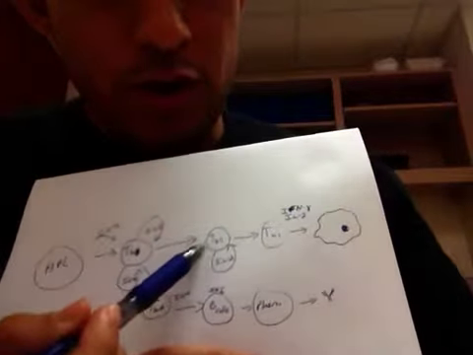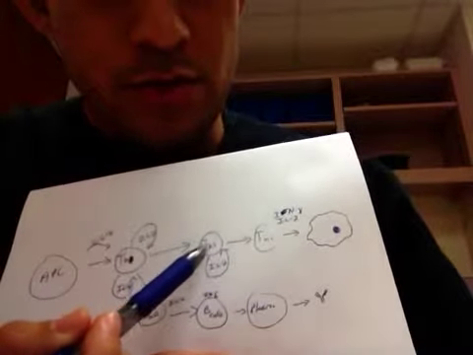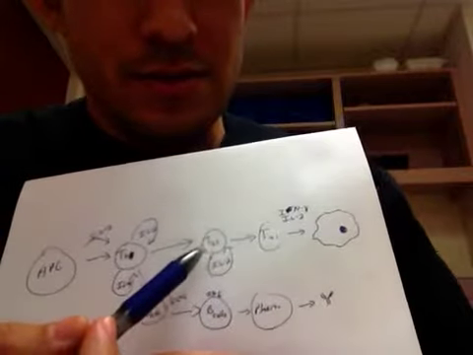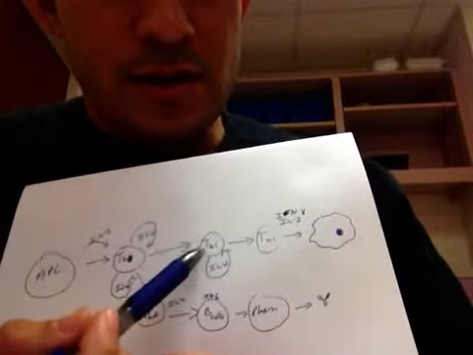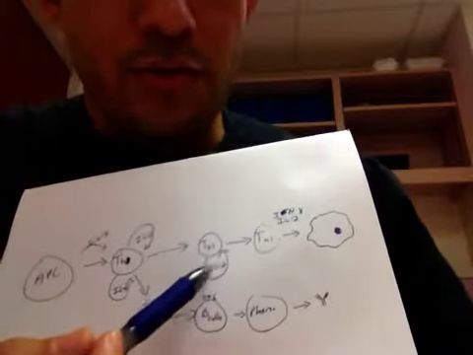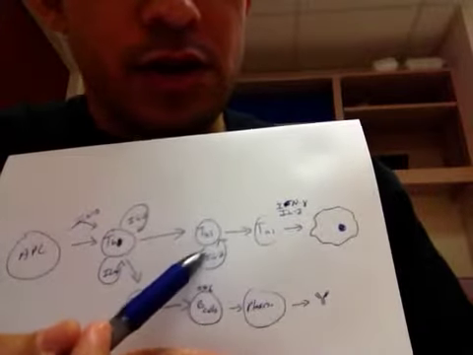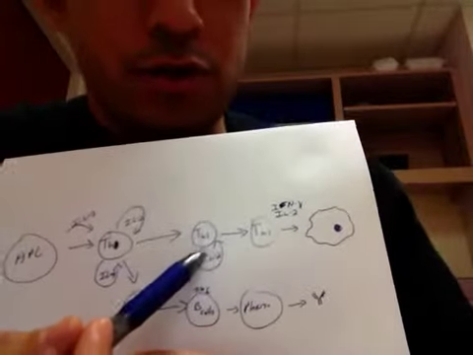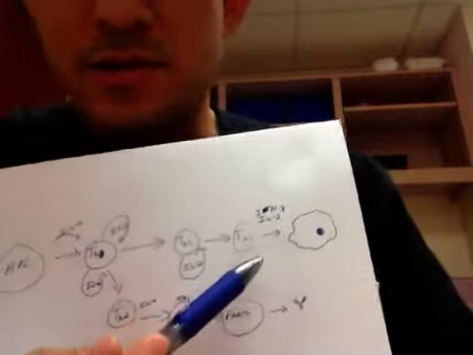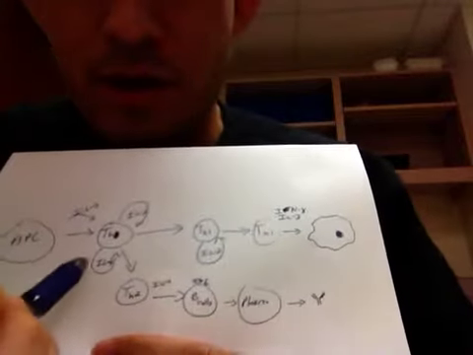This interleukin 2 also activates T helper 1 cells, along with other cytokines. These type 1 T helper cells create more interleukin 2, but also produce the cytokine interferon gamma, which activates macrophages to phagocytize any bacteria in the area.